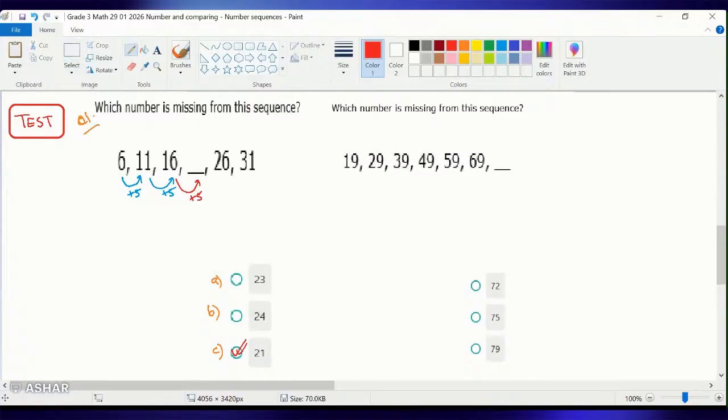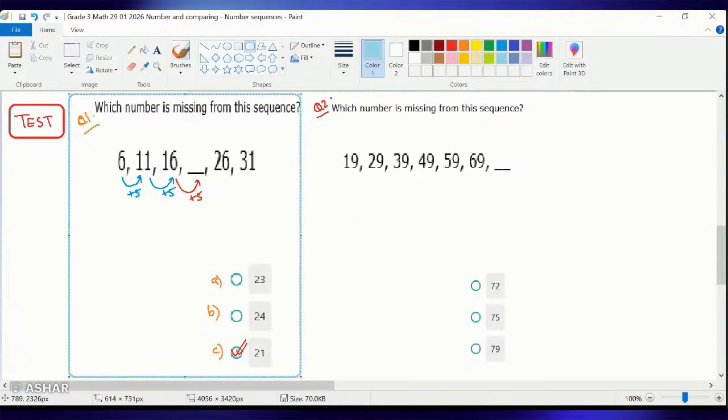Question number 2. So what can be the answer for question number 2? Would it be option A, B, or C? Yes, Aiken, that's the correct answer.